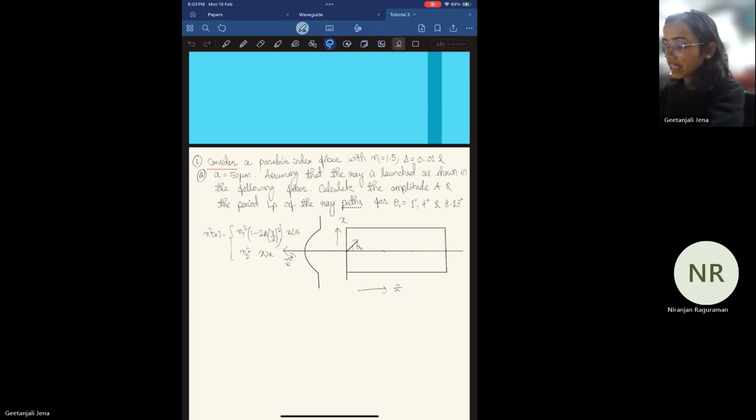Assuming that the ray is launched as shown in the following figure, calculate the amplitude and the period of the ray paths for theta 0 equal to 1, 4, and 8.13 degrees. This is the expression for a parabolic index medium, which you have to remember. n square x varies like this inside the core, and in the cladding it is constant, equal to n2 square.